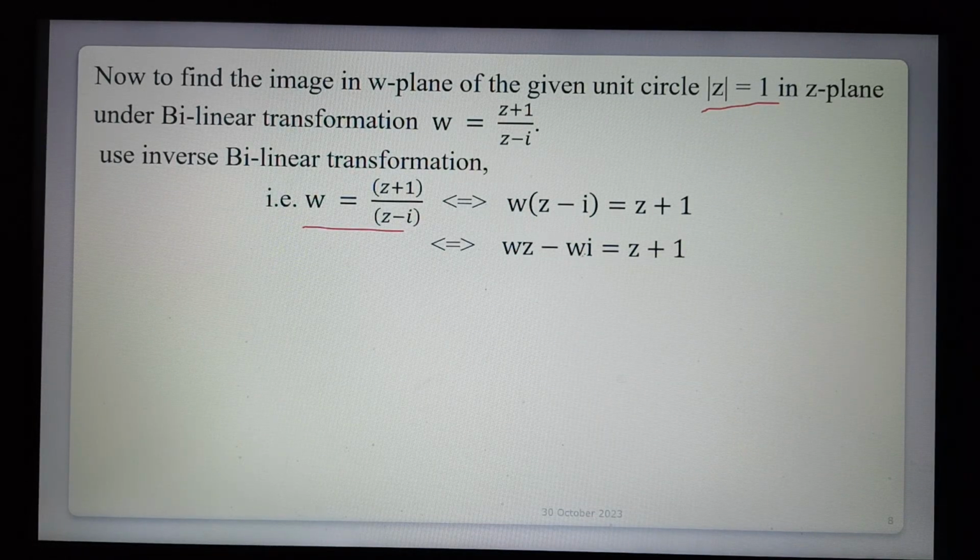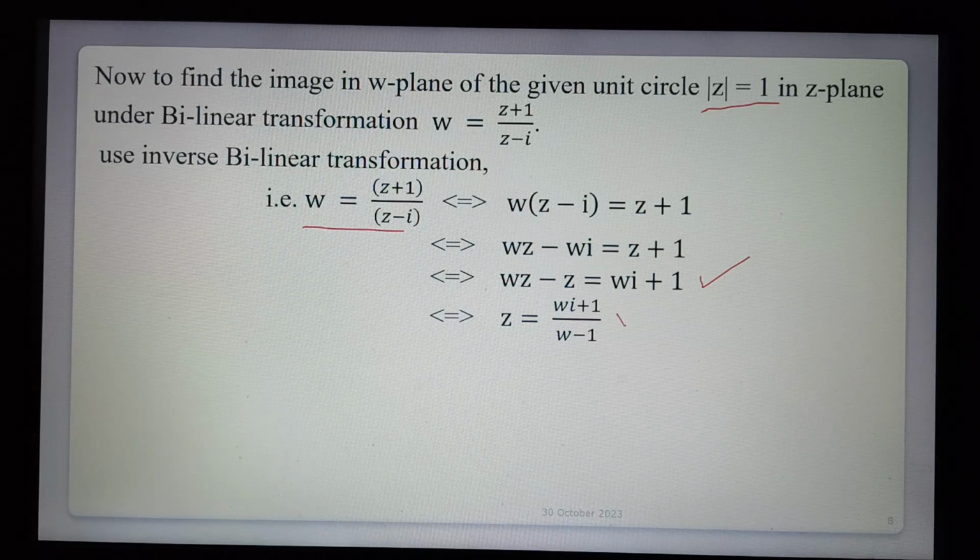So wz minus wi is equal to z plus 1, wz minus z is equal to wi plus 1. Therefore z is equal to wi plus 1 by w minus 1. This is the inverse bilinear transformation, z in terms of w.